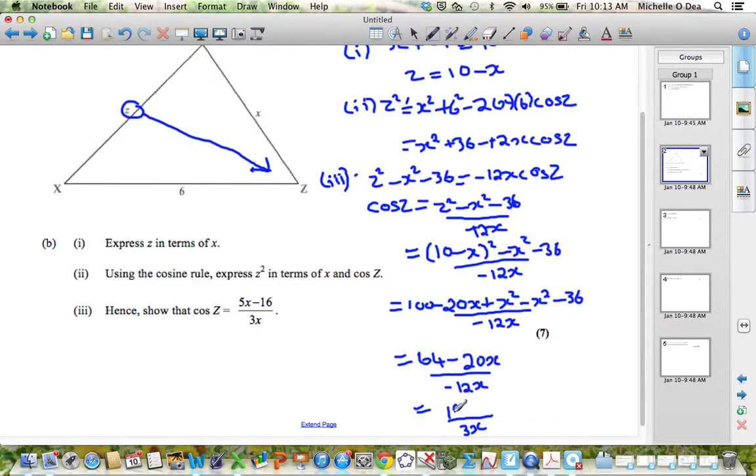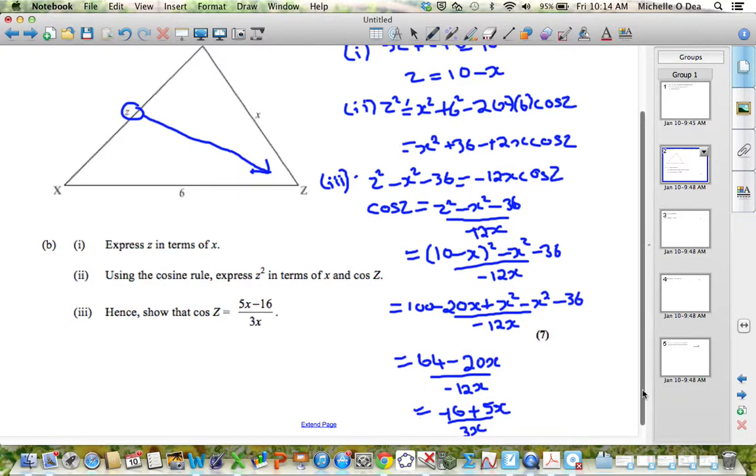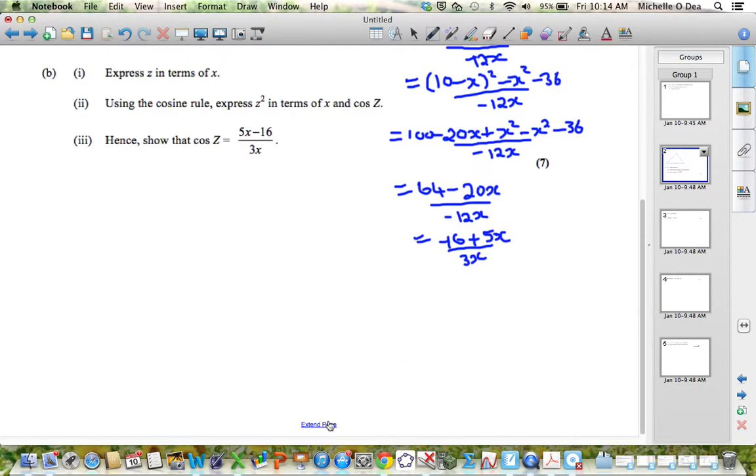So 64 divided by 4 is 16, minus, because I'm dividing by minus 12, so it'll become minus 16, and then that'll become plus 5x. And then finally, if you want it to look exactly the same, just switch it the other way around. So 5x minus 16 all over 3x. And we're done. Okay, so that's the first 2 questions done.